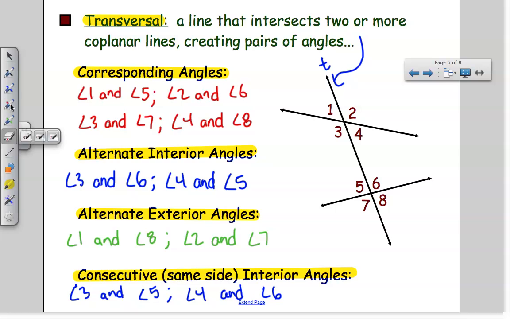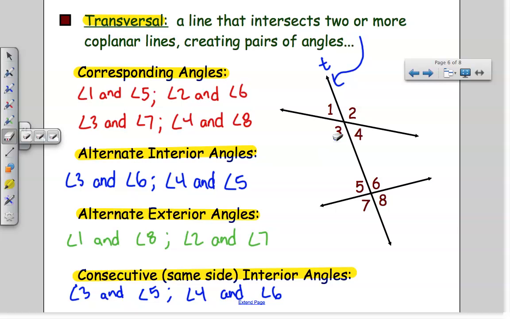You could look at angle 2 and angle 6 being corresponding, because if you make angle 2, there's the shape. Angle 6, same idea. You're to the right of the transversal, you're above these lines. They correspond, they're in the same type of position. And our other corresponding, of course, was 3 and 7, both below these lines, left of transversal. 4 and 8, both below the lines, right of transversal.